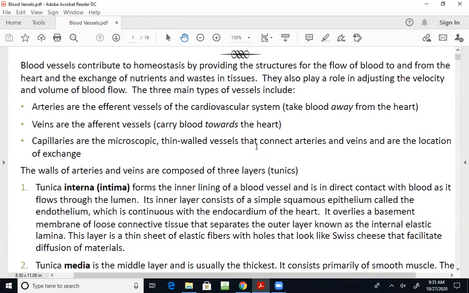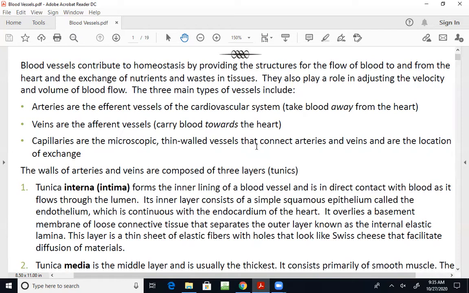And then in between arteries and capillaries are your microscopic thin-walled vessels that are the location of what we call capillary exchange, or just exchange, where nutrients are able to leave the blood and go to our tissues, or where we pick up nutrients like oxygen in our lungs, or water and glucose and other things that we absorb from our digestive tract.